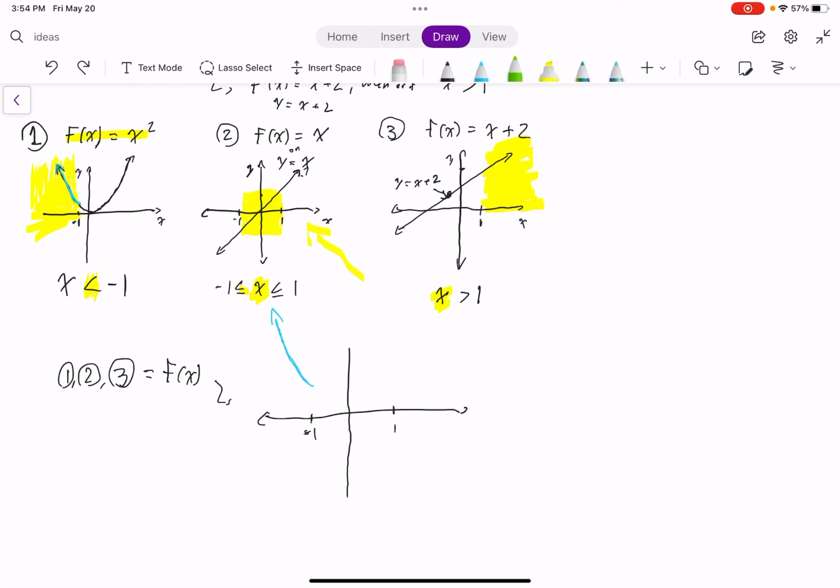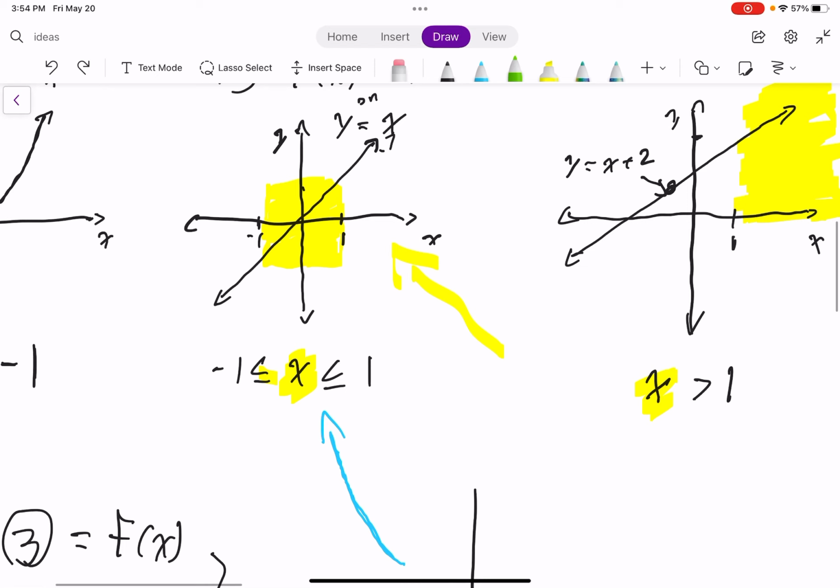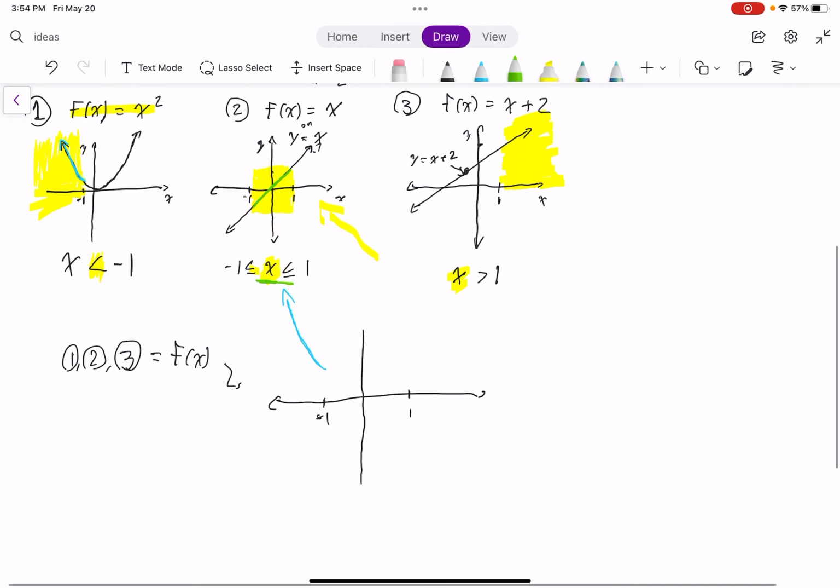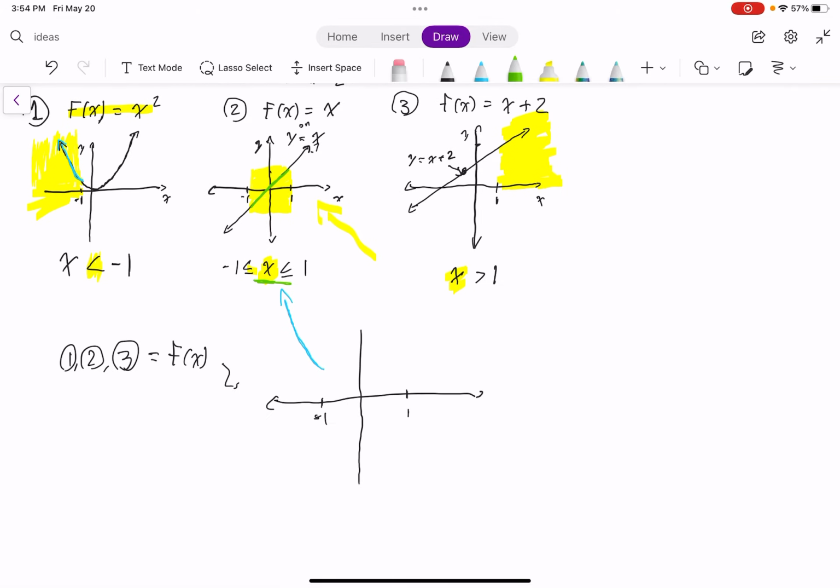And then next we have this guy. And so in this interval, we get this line, right? So this line is going to go from negative 1 to 1, and we'll just draw these. And one thing I forgot, since this one has the equal sign under, it's going to have a closed circle.